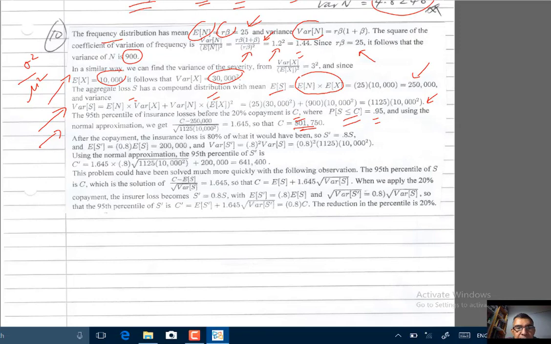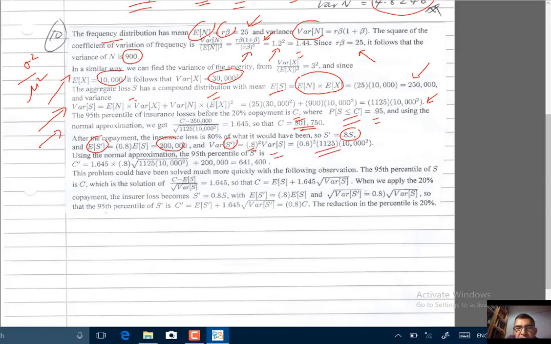Now after the co-payment, the insurance loss is 80% of what it would have been. So S prime is 0.8S. The expected value of S prime is 0.8 times expected value of S, and the variance of S prime will be 0.8 squared times variance of S. Remember, a squared times variance of X. You'll get these numbers.